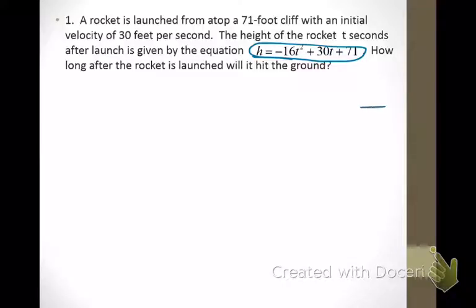A picture usually helps out a lot here. So we have some cliff here that's 71 feet high, and we're going to launch a rocket off of it. This rocket is going to go up, and here, let's give ourselves some more room.